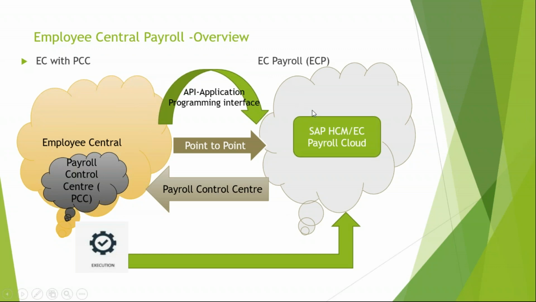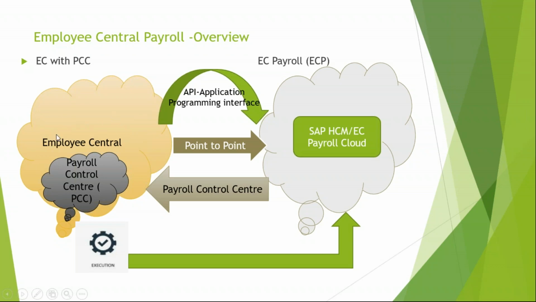That means you need not download the data and you need not maintain the middleware, because this is an API process, application programming interface. Whatever data we maintain in EC is stored in the backend, called an API server. This API server will have all the information related to your company ID.